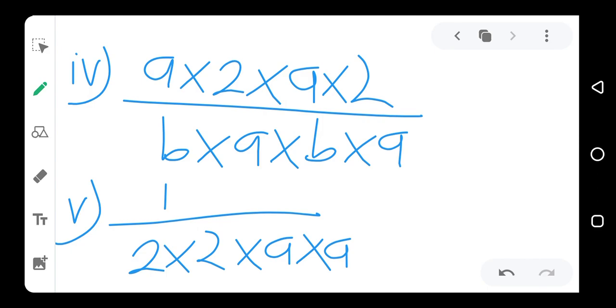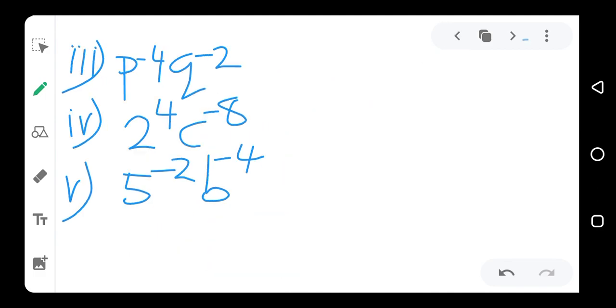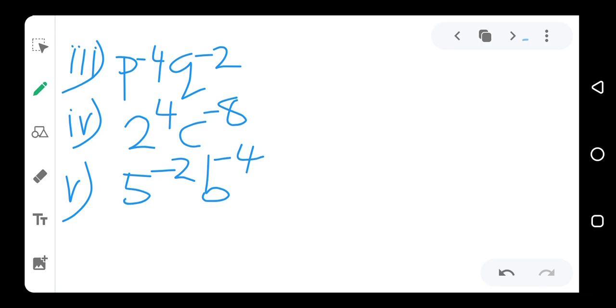Okay, so in the assignment, we first of all start with number 1, find the expanded form of b raised to power minus 5, a raised to power 2, a raised to power minus 3, c raised to power minus 9, p raised to power minus 4, q raised to power minus 2, 2 raised to power 4, c raised to power minus 8, 5 raised to power minus 2, and b raised to power minus 4.